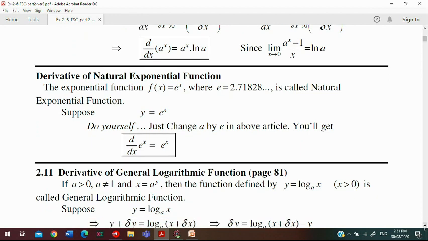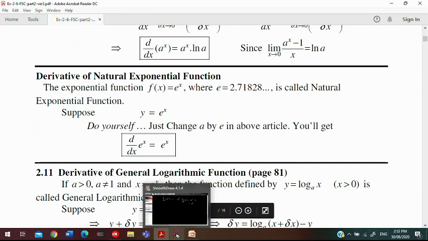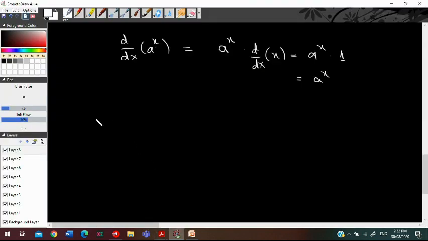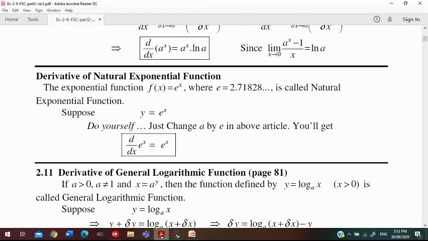Now this is the derivative of the natural exponential function. This is the result of our previous deduction.